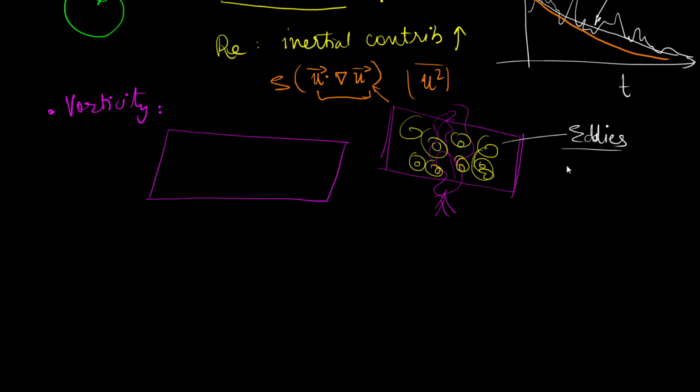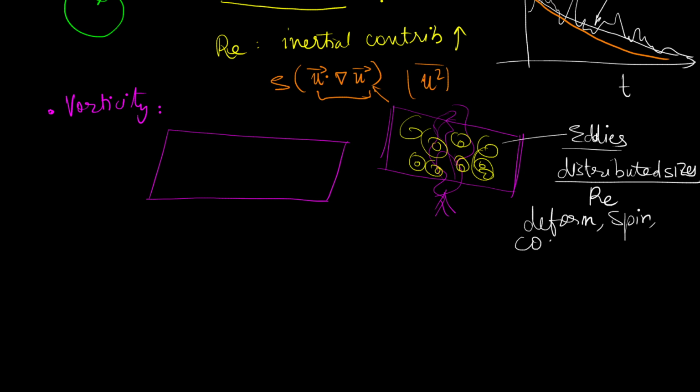So the diameter or the size of an eddy follows a certain distribution, and the distribution of the sizes depends on the Reynolds number. These eddies deform, they spin, they coalesce, they can divide also.